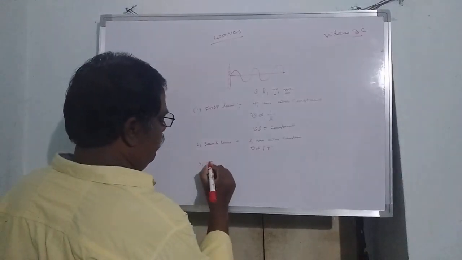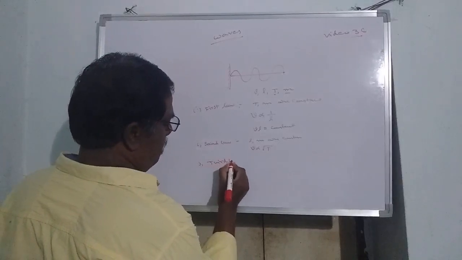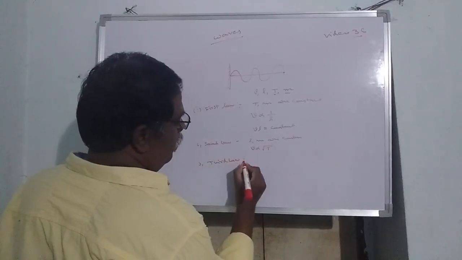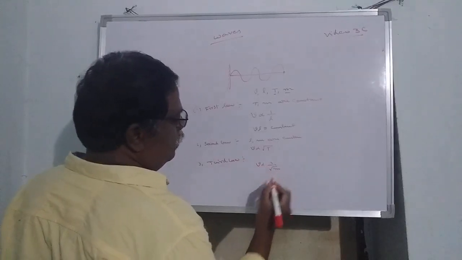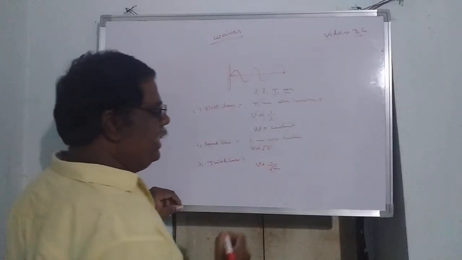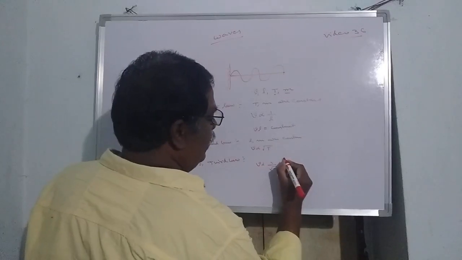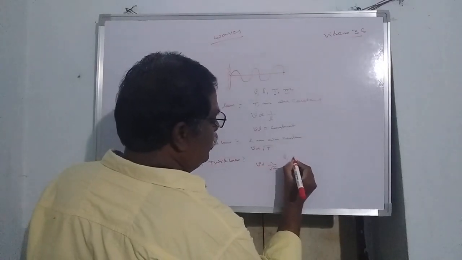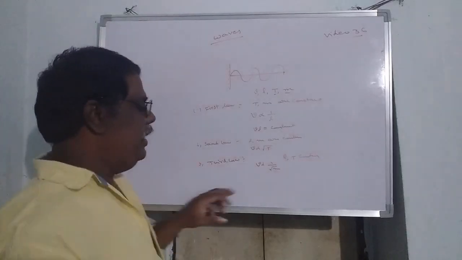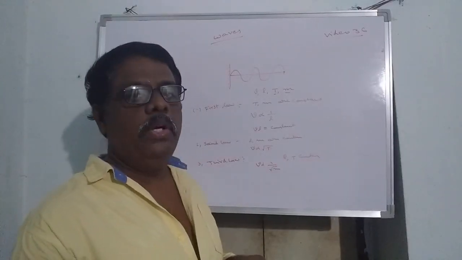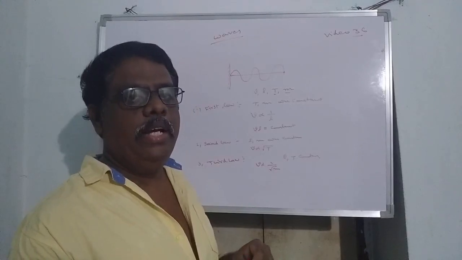Then the third law: frequency is inversely proportional to the square root of linear density when length and stretching force are constant. When L and T are constant, frequency is inversely proportional to the square root of linear density.